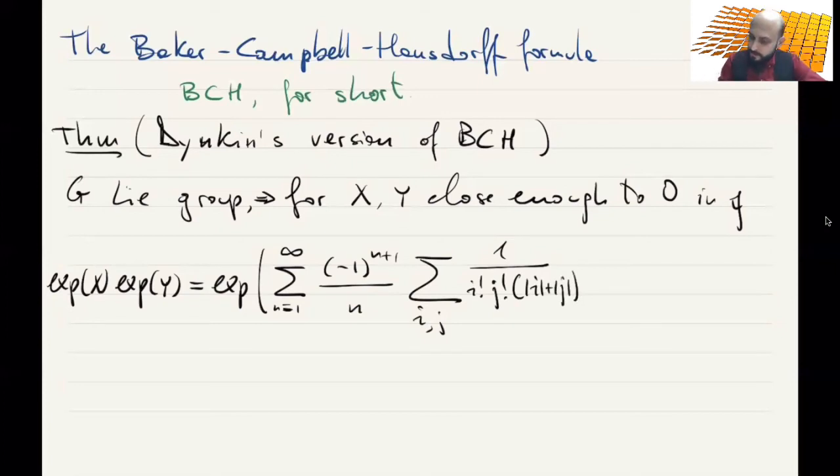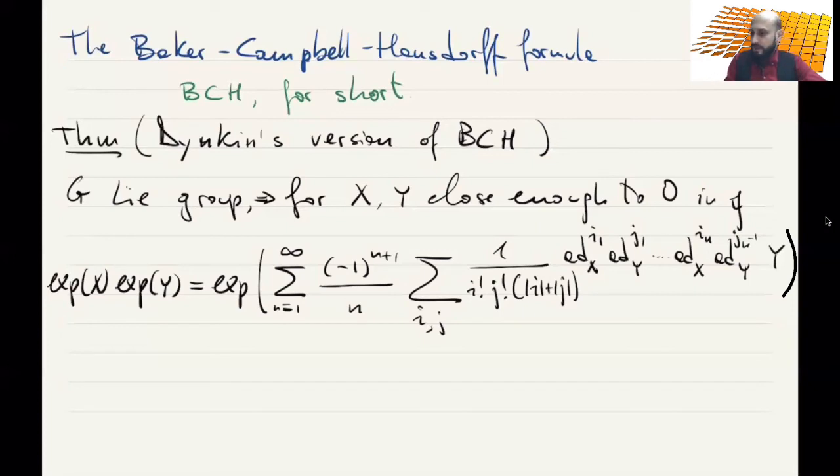And here I need to put ad x i_1 times, ad y j_1 times, dot dot dot, ad x i_n times, ad y j_(n minus 1) times, applied to y.